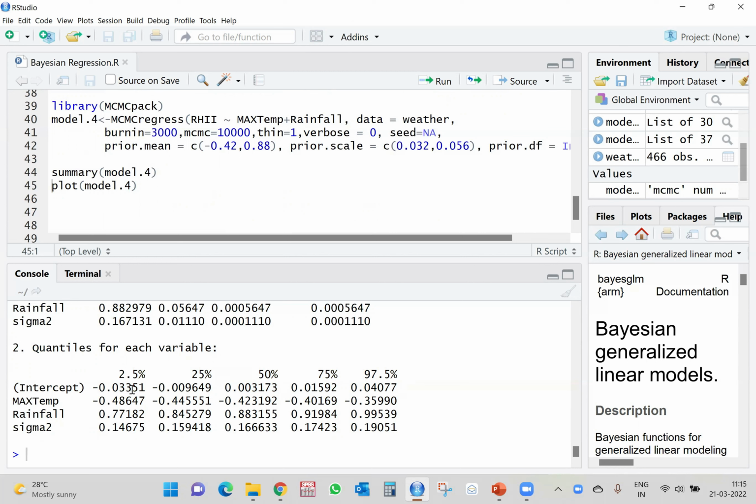So these are HPD, highest posterior density intervals, for each of the parameters involved, including intercept. Say, for the temperature regression coefficient, the 2.5% and 97.5% limits give a 95% interval. So the true regression coefficient of temperature could vary from minus 0.48 to minus 0.35 with 95% confidence.